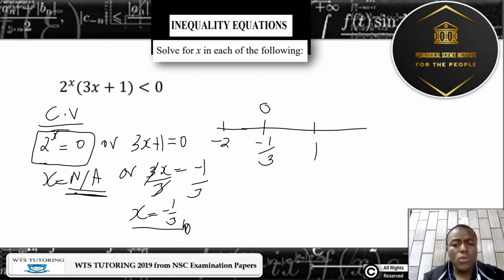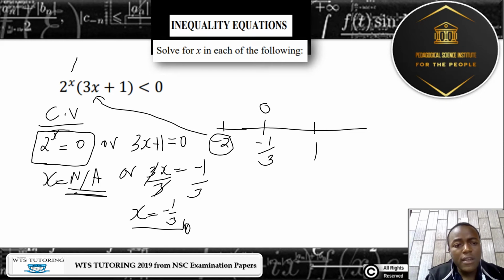So let's test with minus 2 and check whether, if we substitute minus 2 where there is x, we get an answer that is less than 0. If we do, our arrow will point to that same side. But if we get an answer that is not less than 0, then it will be the other way around.